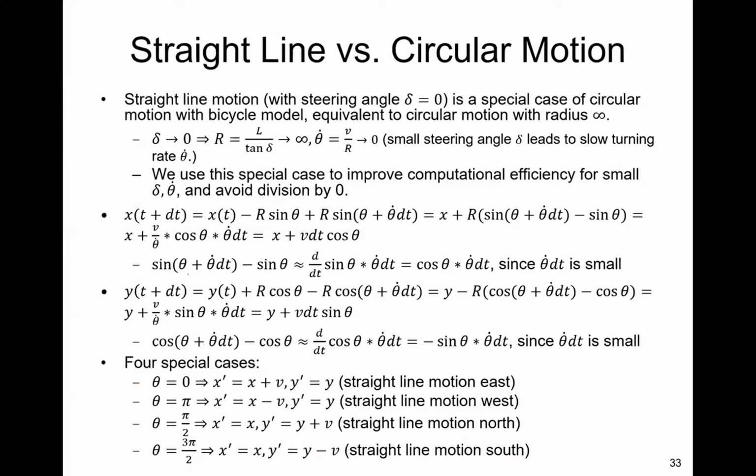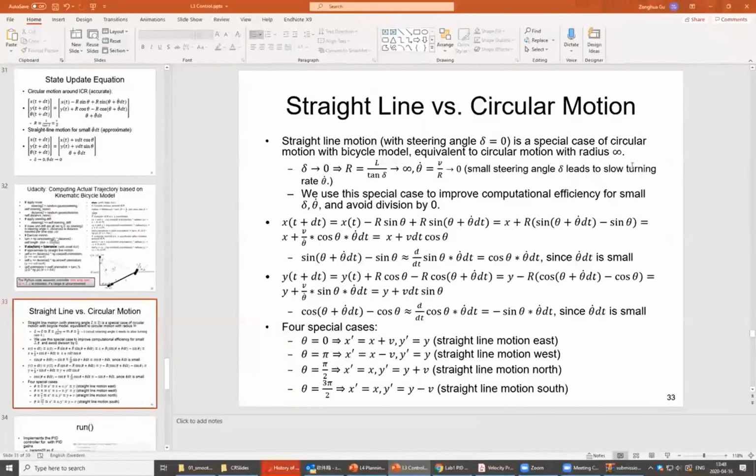First, as delta goes to 0, the rotational radius goes to infinity, and theta dot, the angular velocity, goes to 0. That is intuitive because a small steering angle delta leads to a slow turning rate, slow angular velocity.